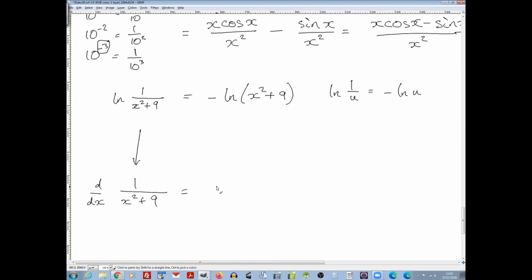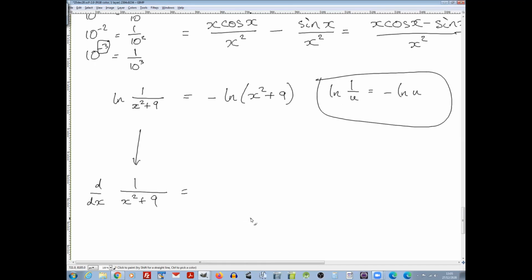So we're differentiating. Well, if we split it, ln minus ln, and then x squared plus 9.